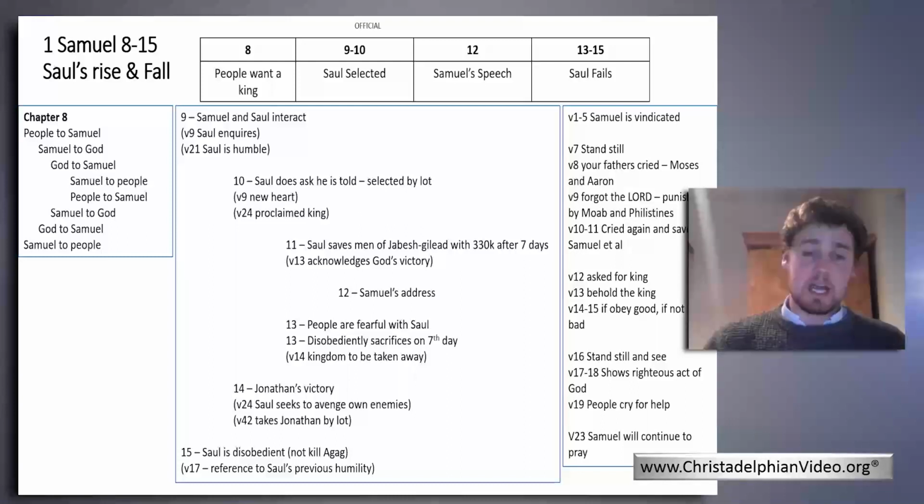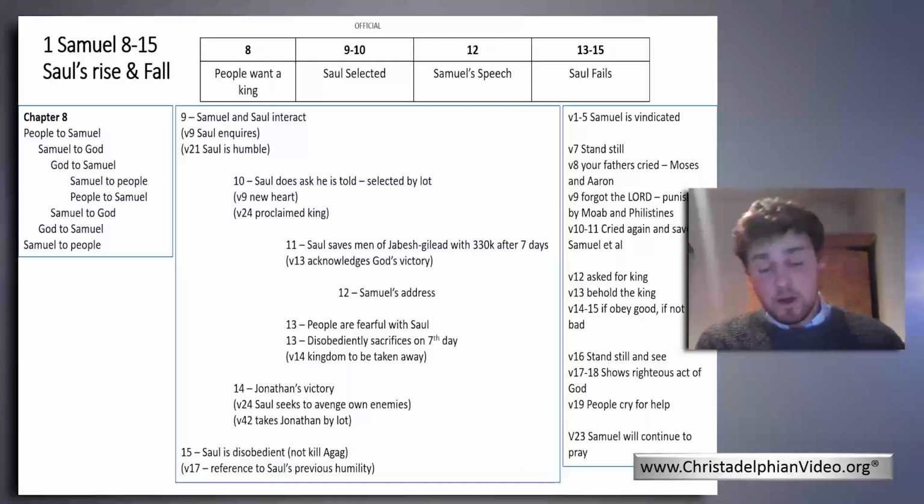And then Jonathan is taken by lot in the same way that Saul is taken by lot at the beginning of the passage.